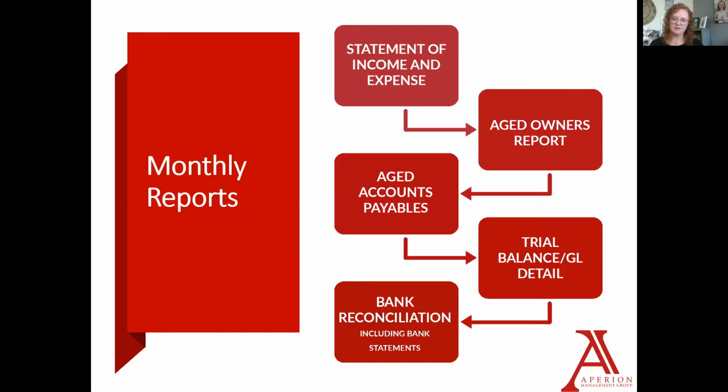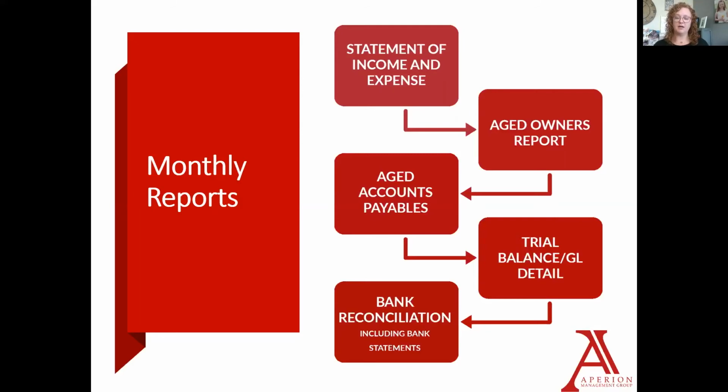What you have to compare in order to understand where you're tracking on your income received is that aged owner balance and your balance sheet. And so your balance sheet is going to give you the total amount of AR outstanding, and that is going to match your aged owner balance. For example, if you have $10,000 worth of assessment income coming in every month, your income statement is going to show $10,000 posted to your income.